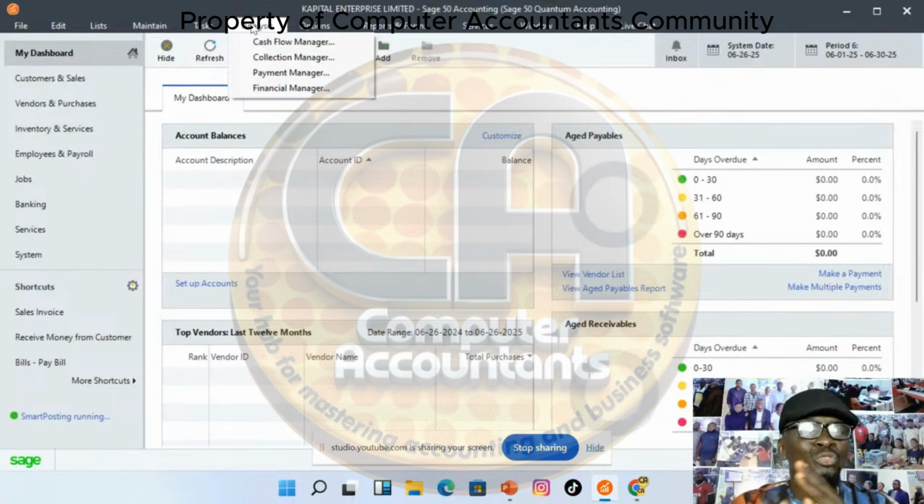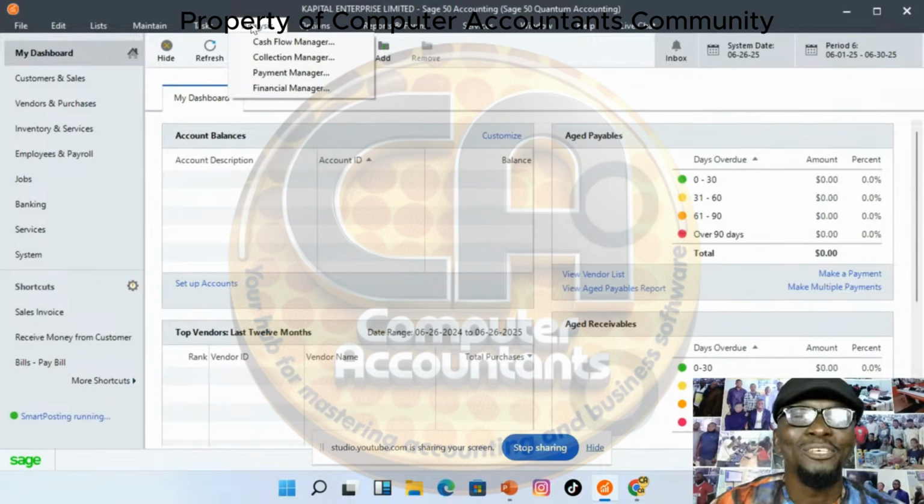People don't even know that these software have a part that is data analysis or financial analysis in nature. So all the postings, all the transactions you've done, they will use to do analysis for you. A typical example is your current ratio. The system can show you the current ratio of this business. Good. We will be looking at it by tomorrow when we are done with our postings.